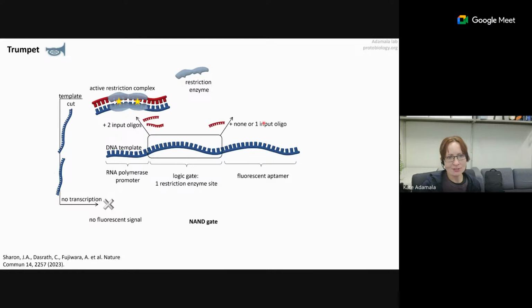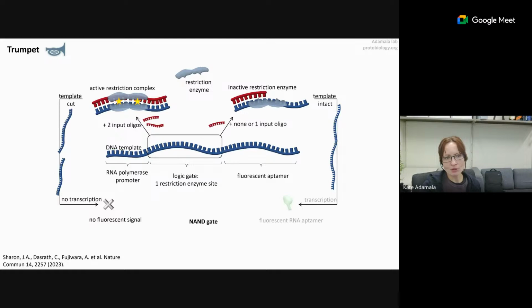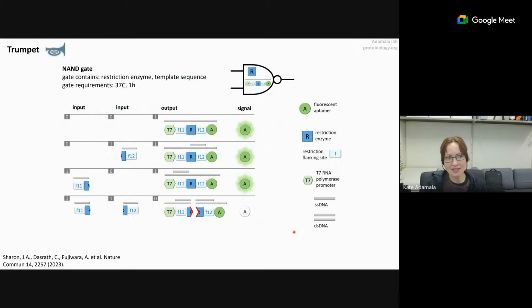So now if we don't add any inputs, or we add only one input, the restriction enzyme doesn't know what to do with it because it's partially or fully single-stranded. It will not cut. You will end up with your intact template producing a fluorescent signal. And if you think about it, that is a truth table for a NAND gate.